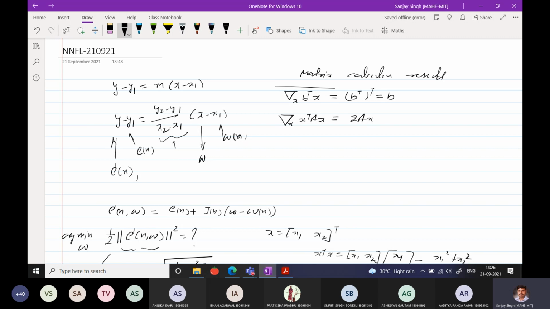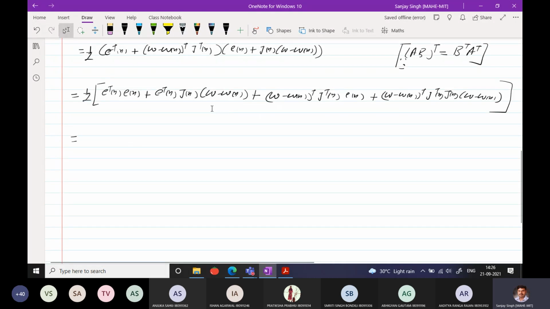These two results will be used quite frequently, so better you understand the meaning out of them. My question was, should I write W earlier or later? That is decided by this. Basically, we have to differentiate with respect to W, so I cannot afford to take this one, because W has come at the end; if I'm differentiating with respect to W, it must not come before.